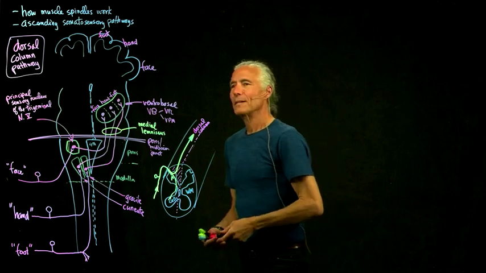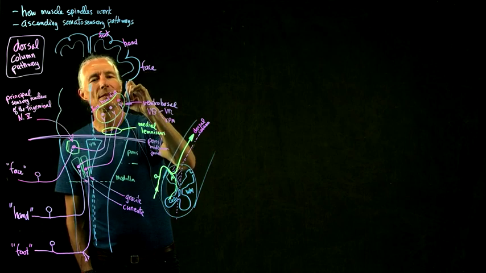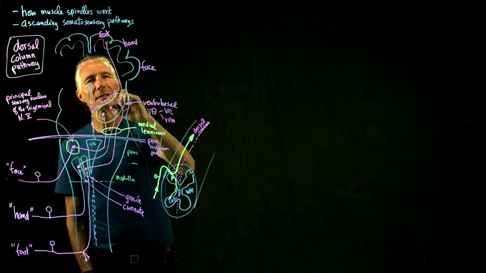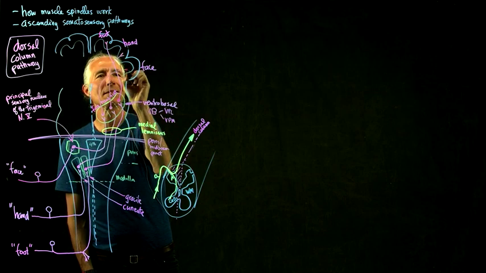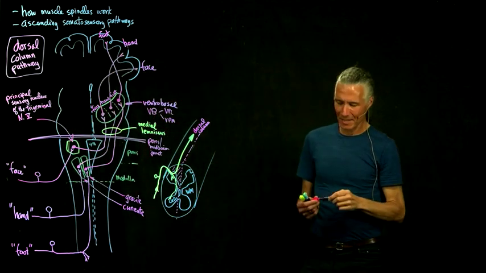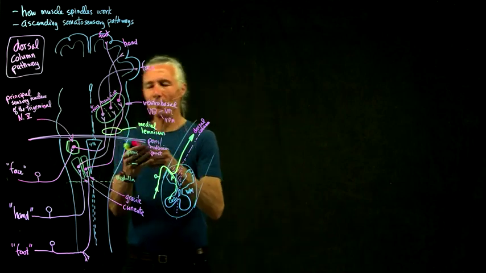And so there's yet another flip. This guy is foot, and it goes up to the foot. This guy is hand, and it goes there. This guy's face, and it goes there. So it flips again.